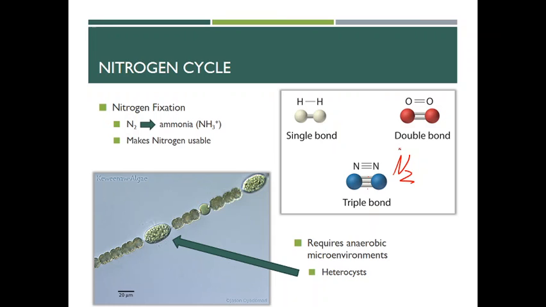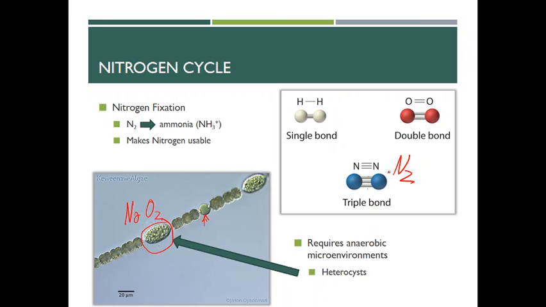Now, nitrogen fixation is done by bacteria. So this is a cyanobacteria that has this special cell called a heterocyst that looks very different than the other cells. Here's a baby heterocyst that's going to be growing here soon. And inside that cell, there's no O2, no oxygen, right?